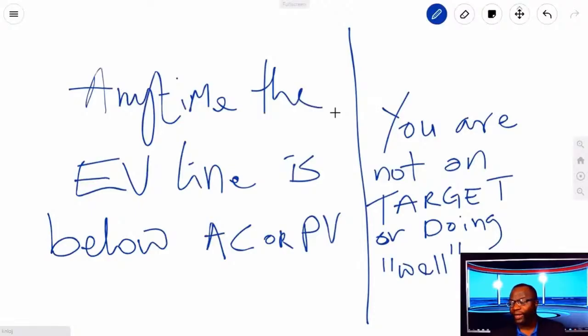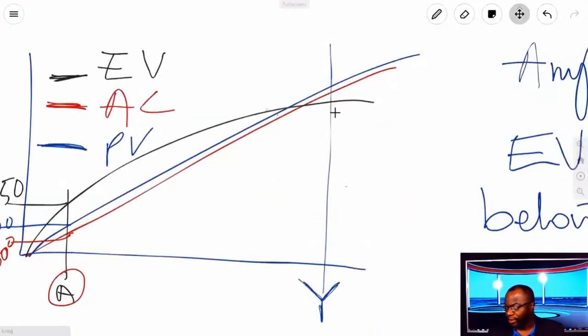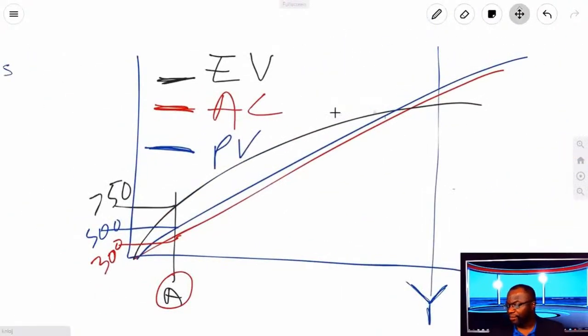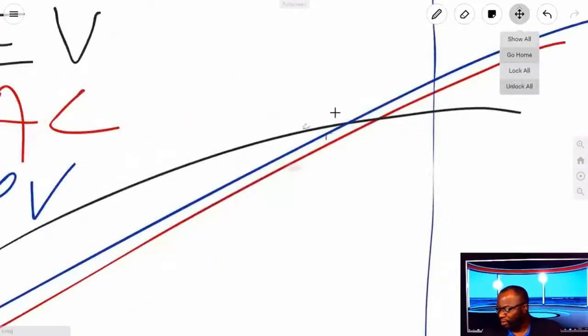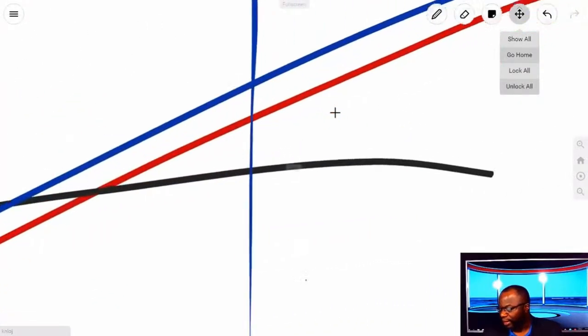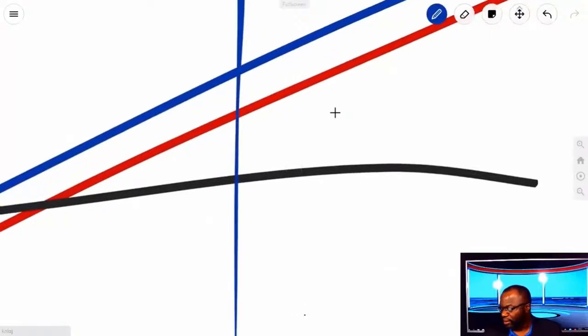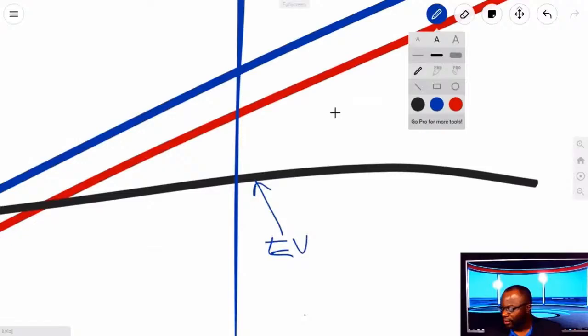So the EV line, which I showed you guys, let's go back to it. The EV line is the black line. Anytime you see it below, let me zoom in, you see that it's below right here. At this point, this is your EV. This is under. Look at the dynamic. It is under. Okay. The red line is cost. It is over budget.